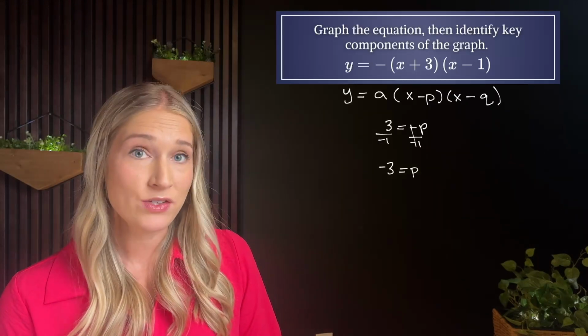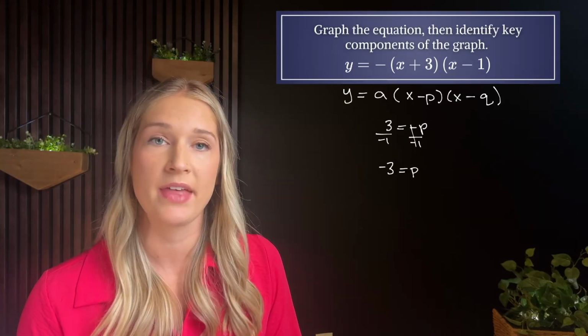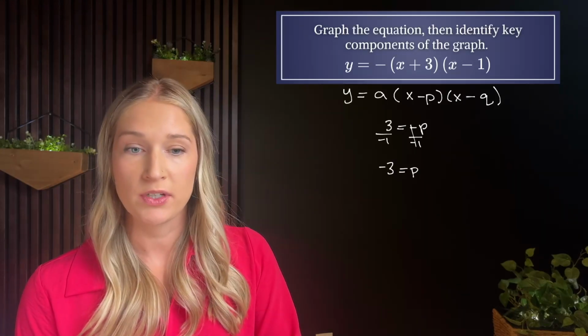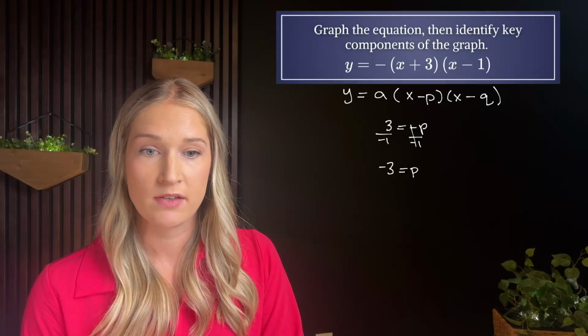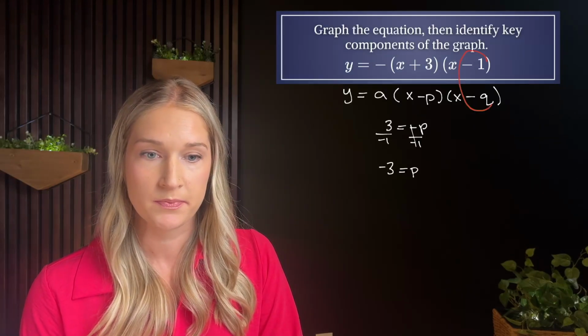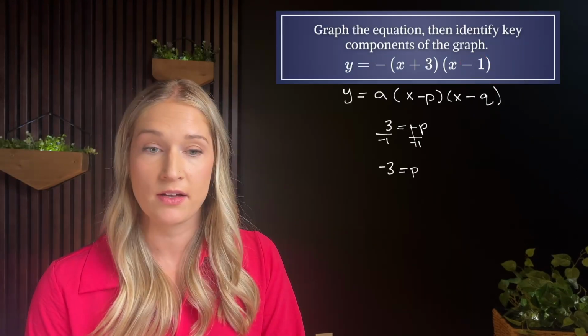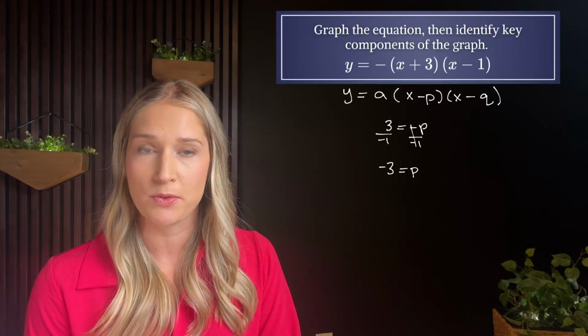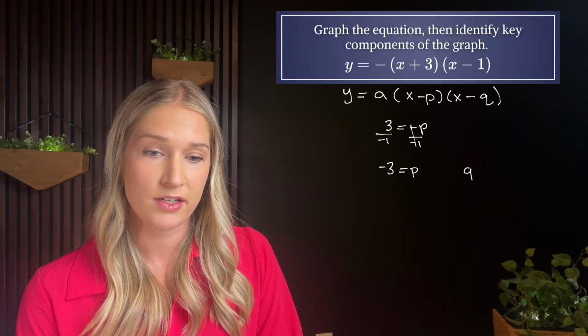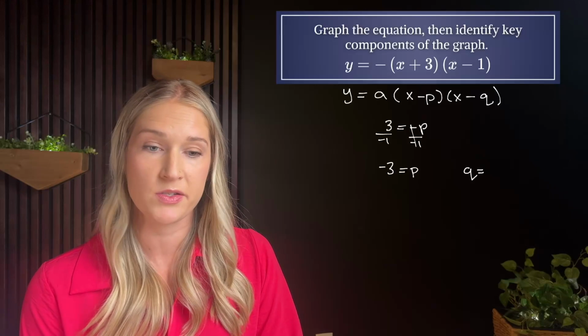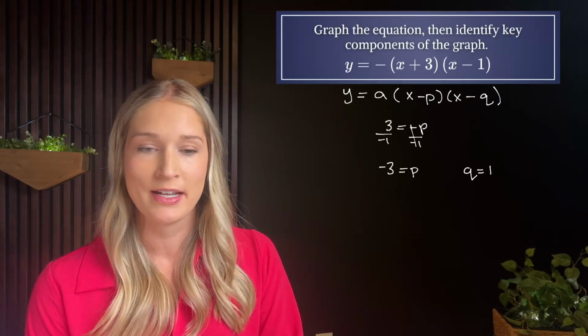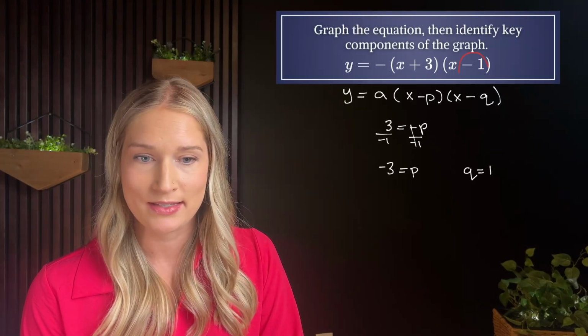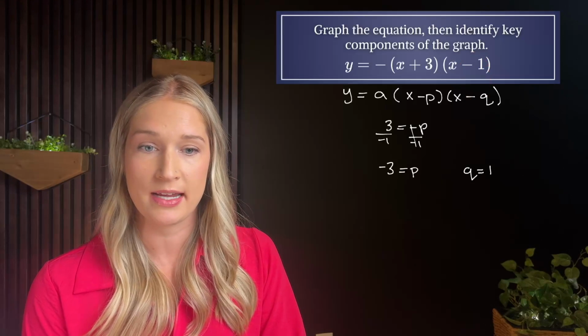Or we can just say it's the opposite of that number with x. So looking at my second factor, if I were to compare these two, I'm looking at the opposite of the number with x. So instead of writing my equation, I'll go ahead and just say that q is the opposite of that minus 1, which is positive 1. And if you don't like that, then we can go ahead and say negative 1 is equal to negative q.